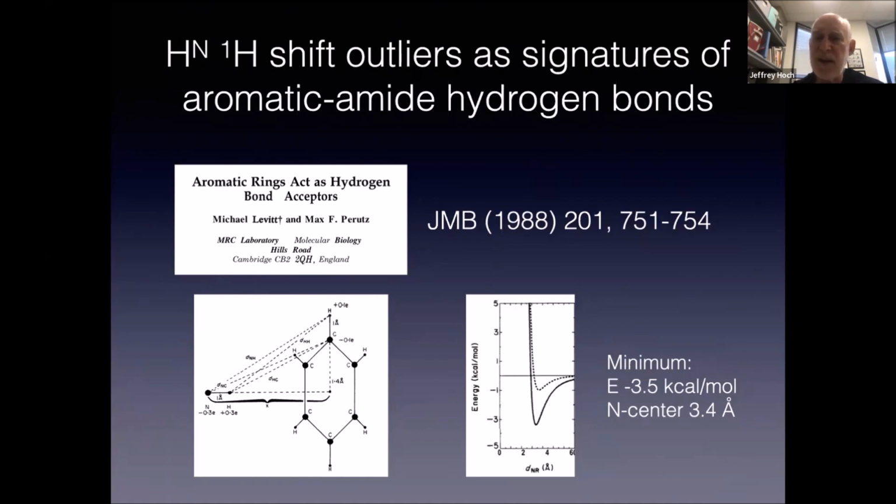There were subsequent surveys about a decade later of high resolution crystal structures by people like Stephen Burley and Greg Petsko that found anecdotal evidence of these in high resolution structures and counted several dozen putative instances of a hydrogen bond between an amide NH group and an aromatic ring.